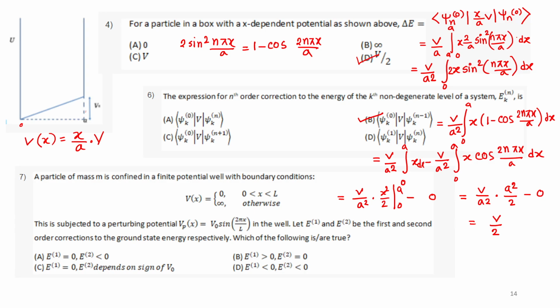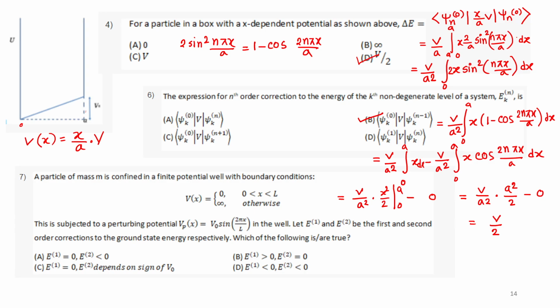That is the normal condition for a particle in a box, so we don't have to think much about that. And this is subject to a perturbing potential. The expression for that potential is given, V_p(x) equals V naught sine 2πx by L in the well.